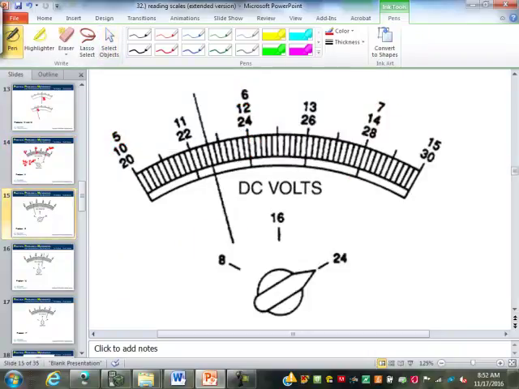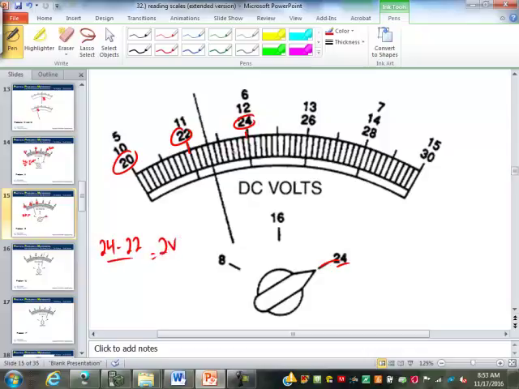Try to read this one in your notes for me. So it's on the 24 scale. So we're going to use the bottom set, the larger set of numbers. Between 22 and 24, so it's 24 minus 22.